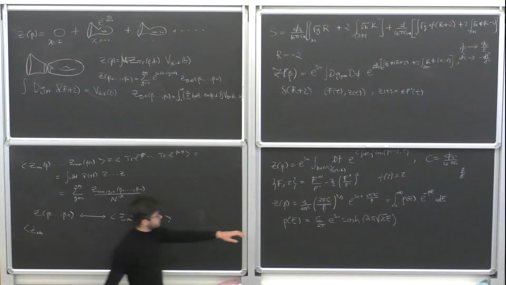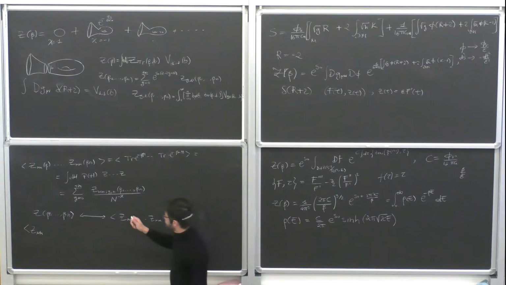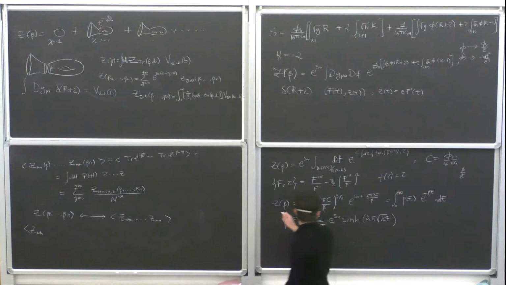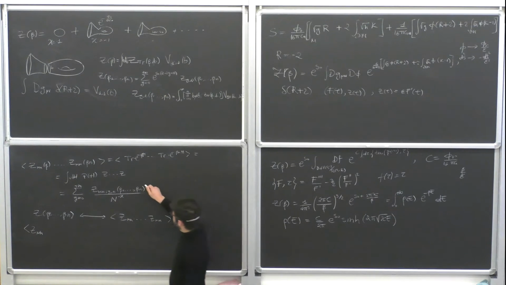This is the expression when you include only the disk topology, and so it means that it is the leading order answer that you would get by just considering the first term in this large N expansion. You will recover this expression by looking at the first term in this large N expansion once you tune appropriately the potential of the matrix integrals in order to be dual to JT gravity.